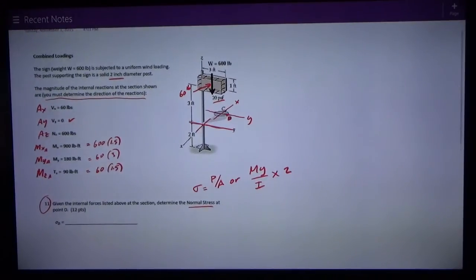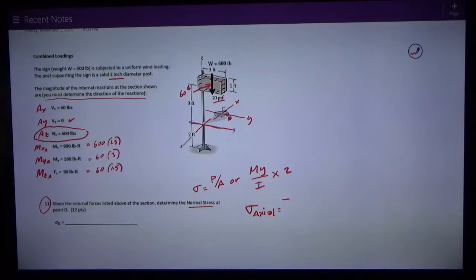So, let's look at this. Let's do the easy one first. Sigma due to P over A is sigma axial. And the normal force is the 600 pounds. So that's the force. It's negative because it's in compression.